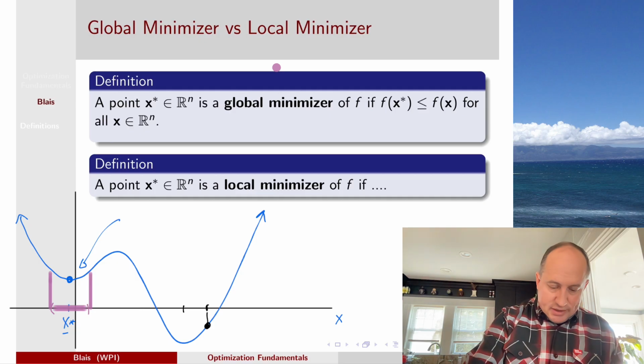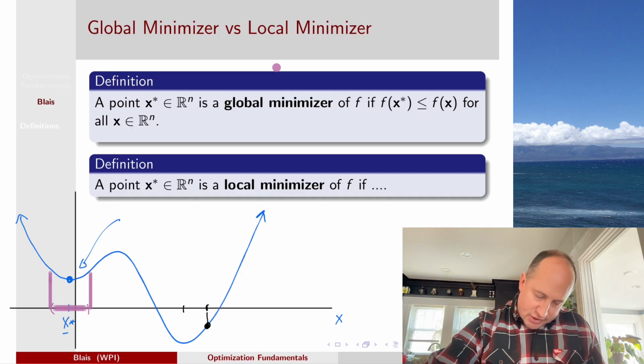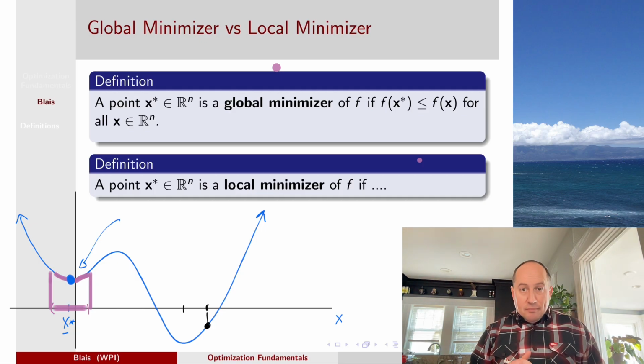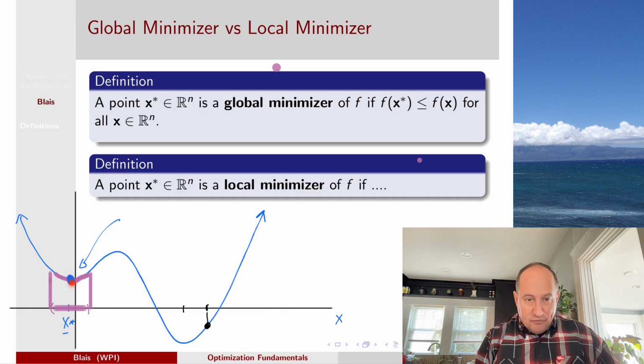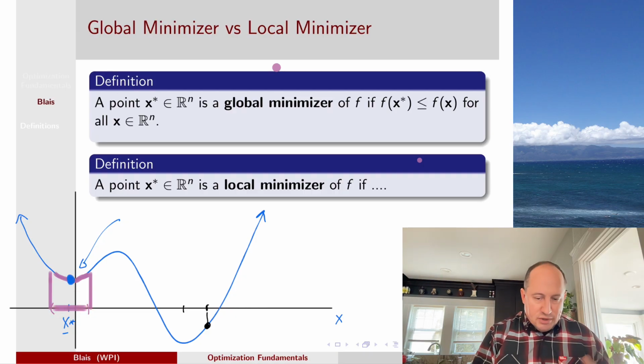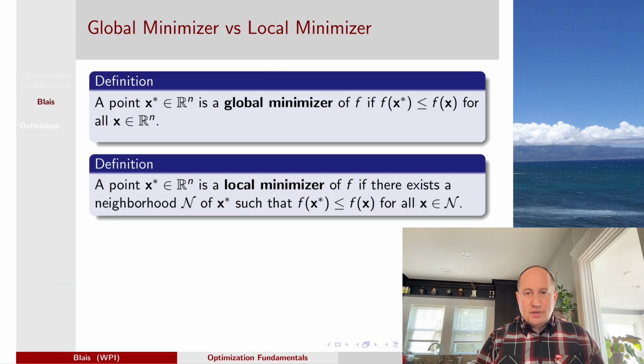And restricted to this neighborhood, the function is a minimum. And so we define local minimizer if f of x star is going to be less than or equal to f of x as long as we choose x from this neighborhood, which we call N. And so that gives us the definition for a local minimizer.